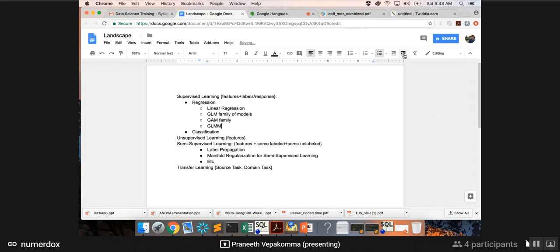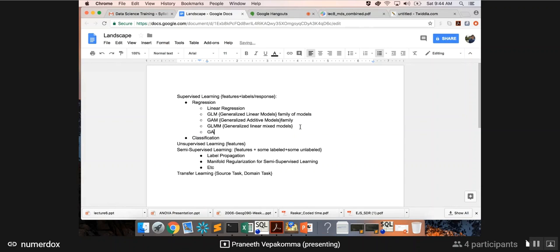We can also have GLMM, generalized linear mixed models. You have GAMM.